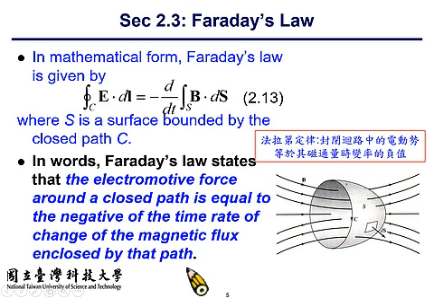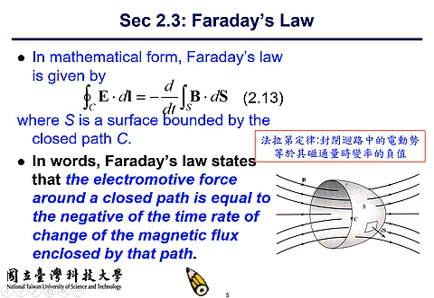So the equation says: the closed loop integral of the electrical field over a certain path. This is the electrical field intensity.